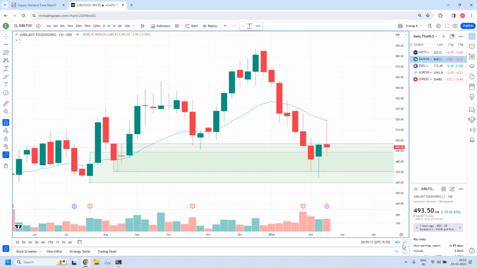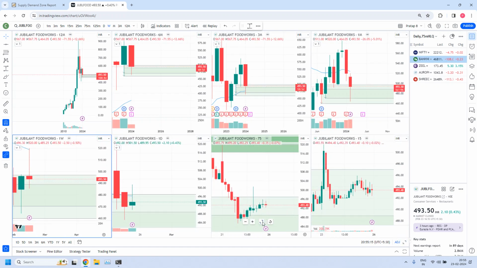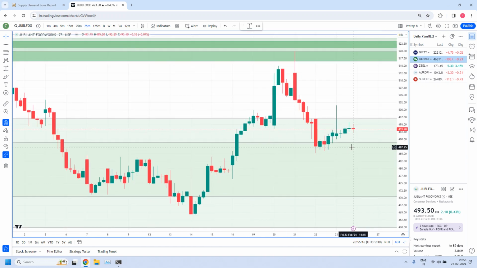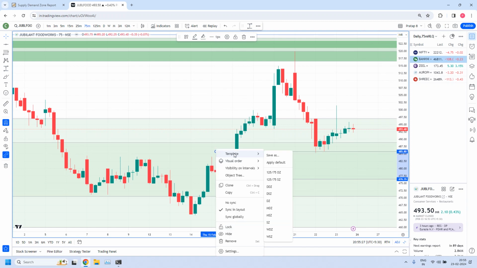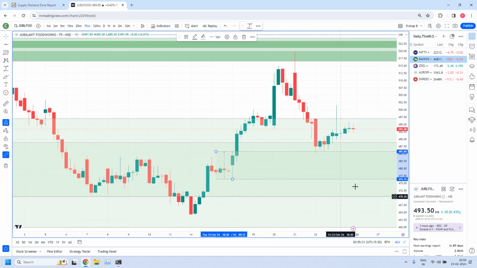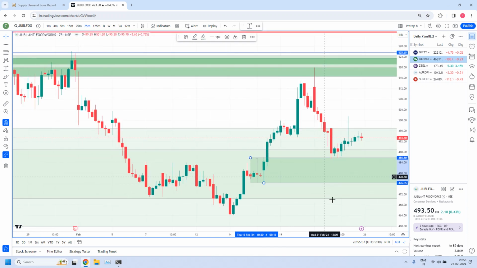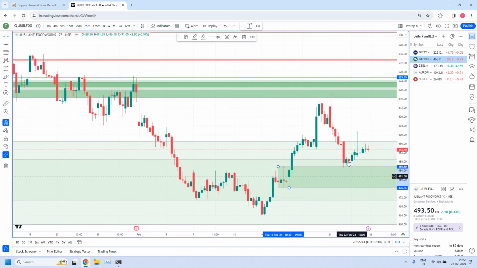If you go to daily time frame, you will get clarity. See here. Maybe there could be a daily zone here. Or if you go to 75 minutes, you will get further clarity.